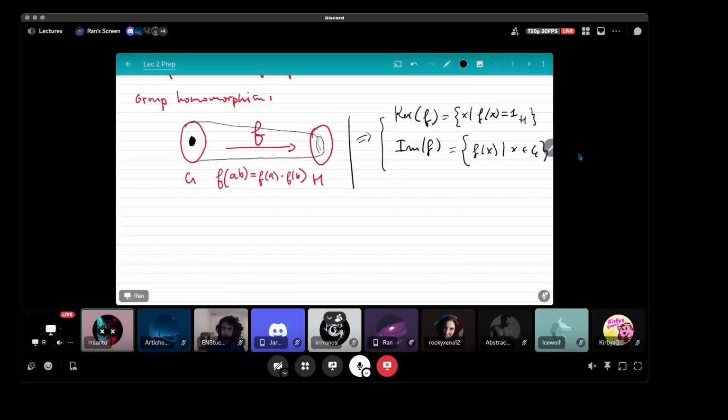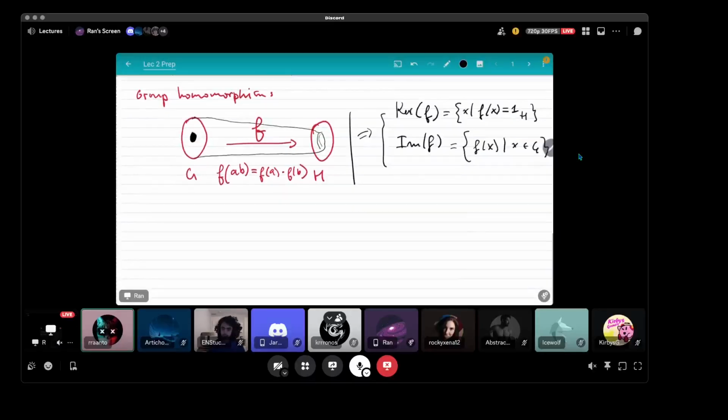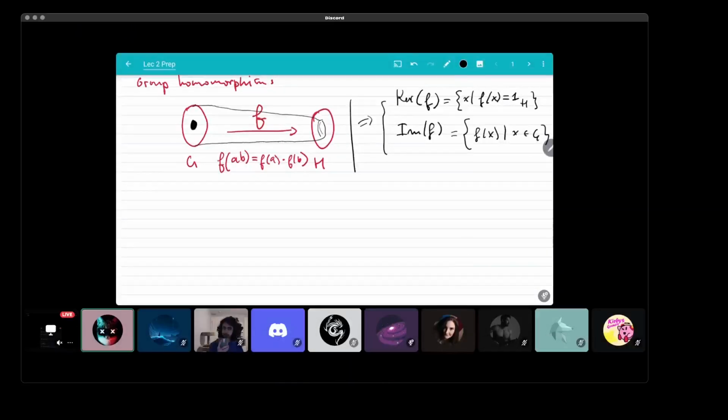Some additional important properties of groups I've seen someone mention in the exercises section is that if you have a subgroup, say S, a subgroup of G, we're just going to recall that a subgroup is a subset that is stable under the multiplication of the group, and also has the identity element.